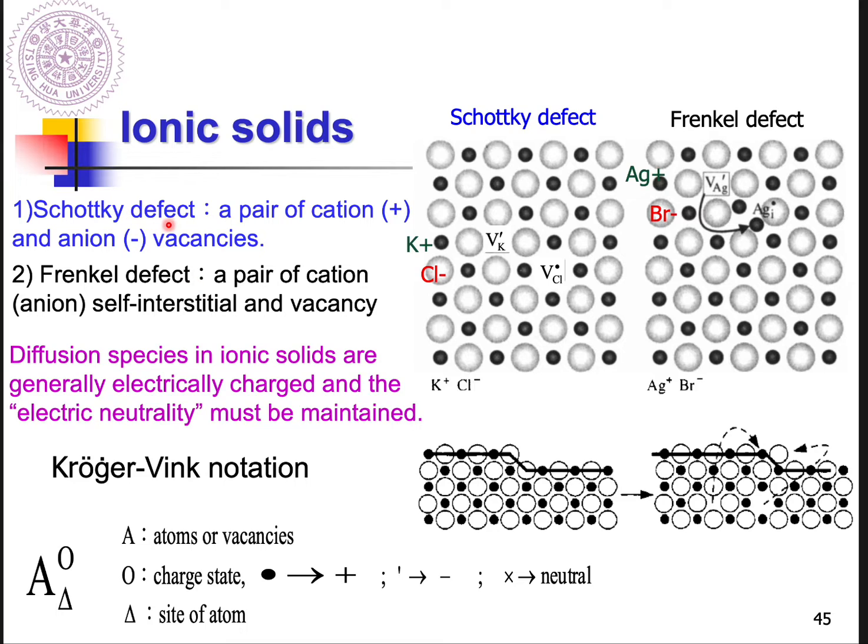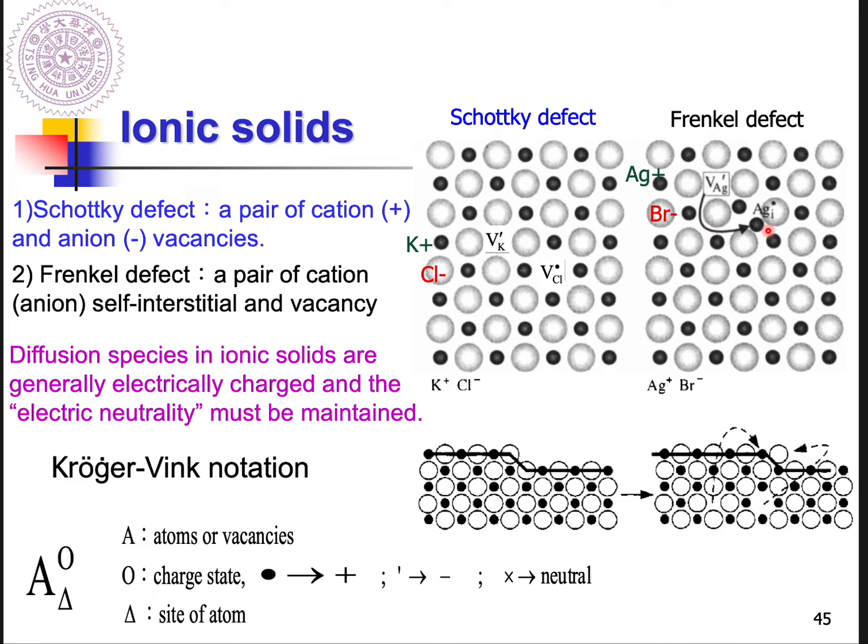The Schottky defect means that a pair of cation vacancy and anion vacancy is formed in the ionic material. A pair means the number of anion vacancies will be the same as the number of cation vacancies. And the Frenkel defect means that in this case the cation, silver, jumps or diffuses to an interstitial site and leaves a vacancy here.